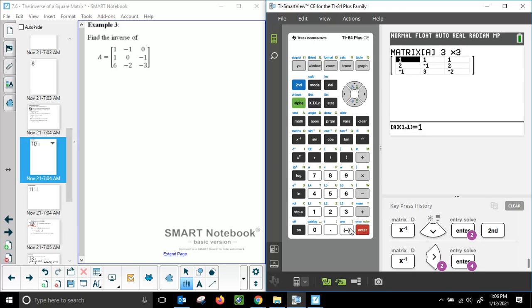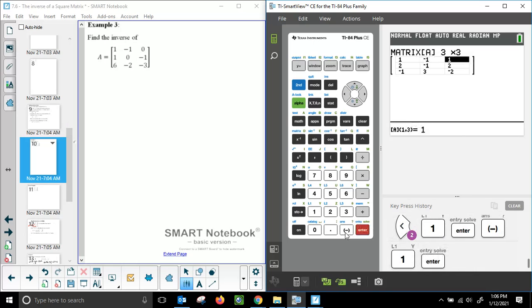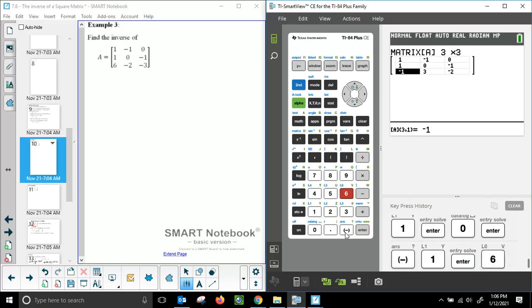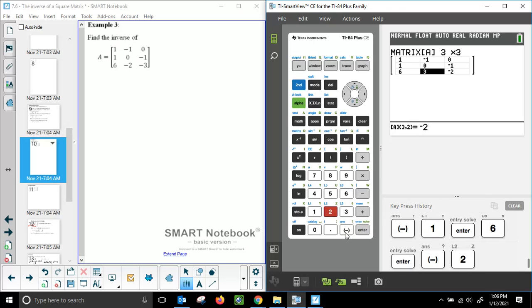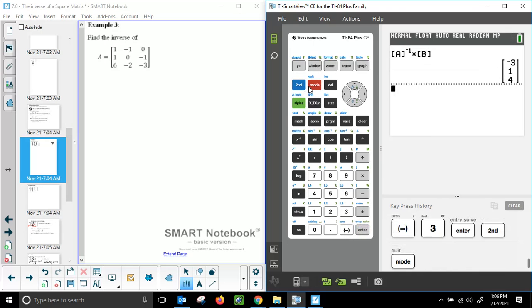So we have 1, -1, 0, 1, 0, -1, 6, -2, and -3.